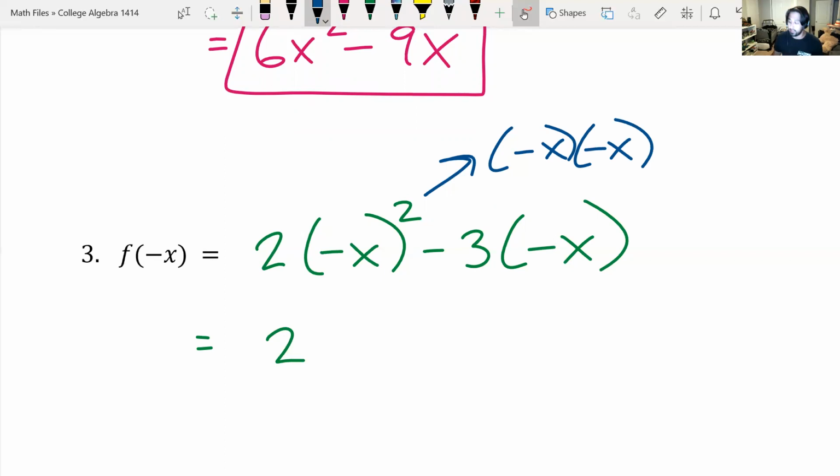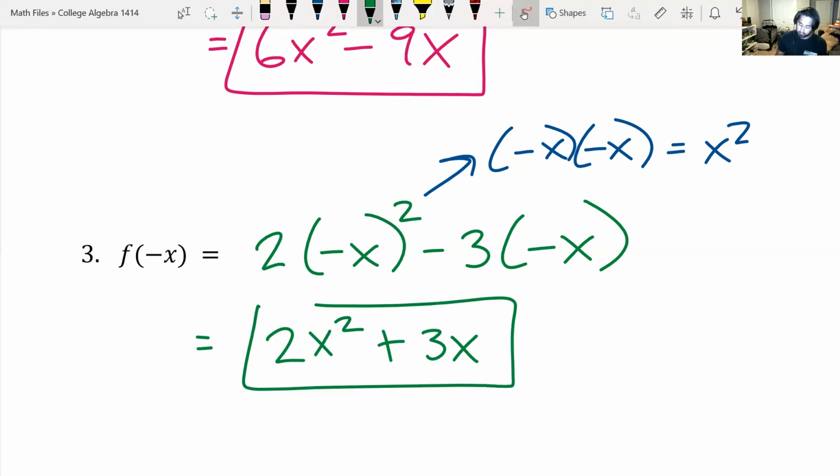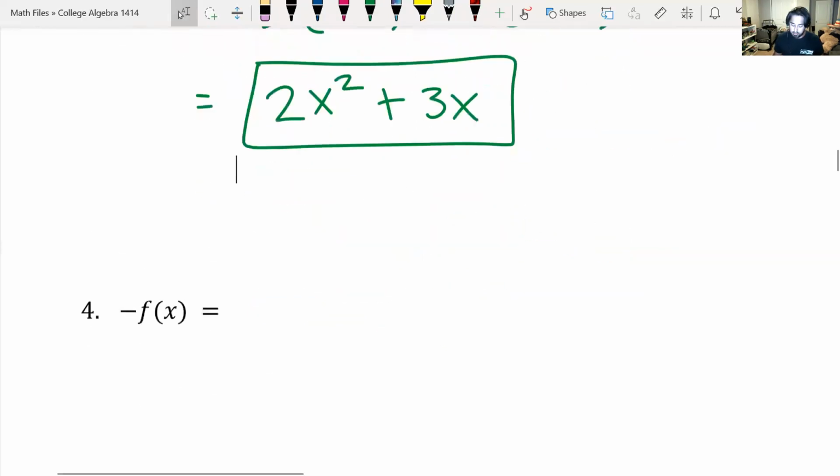Which will give me positive x squared, right? So I'm back to where I was. I'm back at 2x squared, but then the negative 3 and the negative x make positive 3x. Excellent.